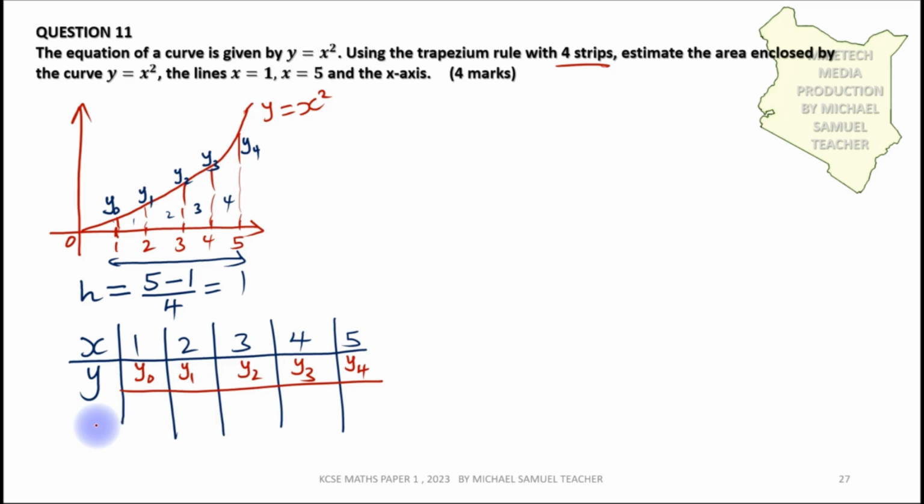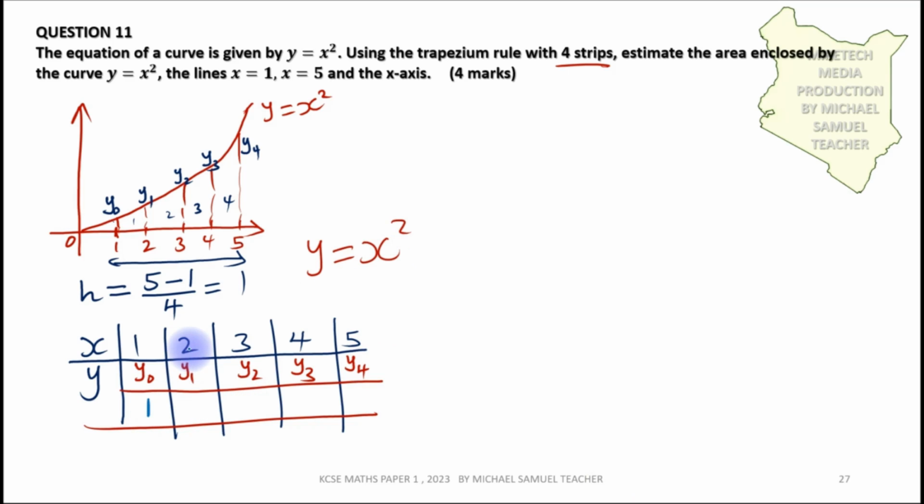So what are actually the values? When x is 1, y will be what? We substitute into this equation, y equals x squared. So when x is 1, y is also 1.